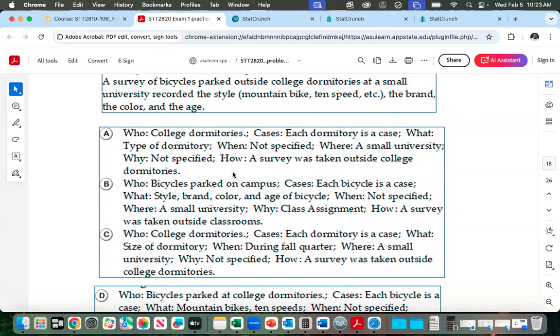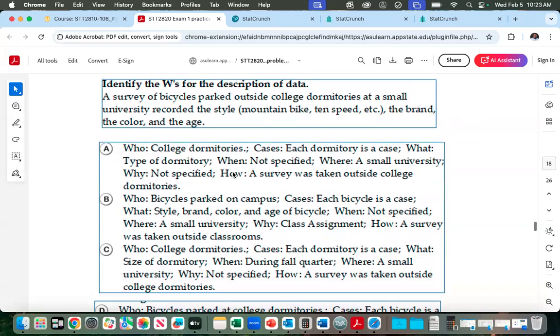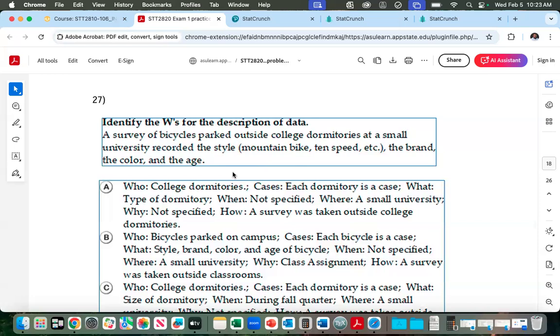So now let's try to answer some of the easy ones we can. Is that okay? The easiest one we can answer is where was it recorded? We know the where is a small university.